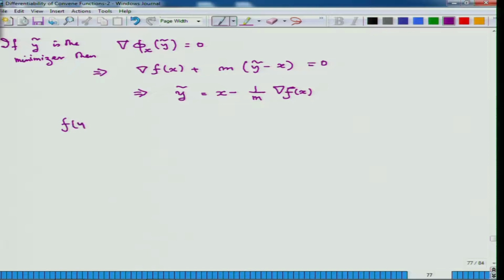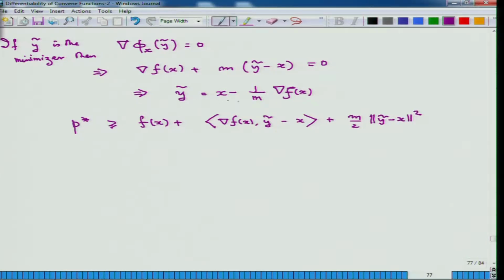Now, observe that f of y is bigger than this infimum. Sorry, I made a mistake, I have already written P star. So, P star is bigger than the minimum value of this, which is f(x) plus grad f(x) transpose (y tilde minus x) plus m by 2 norm of y tilde minus x squared.